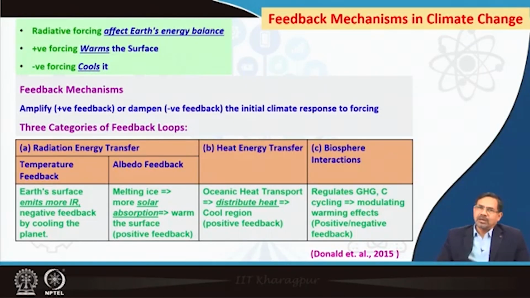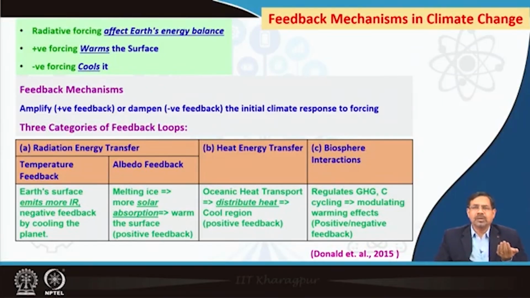It regulates the greenhouse gases, carbon cycling and many other processes. That is how it modulates the warming effects. That means it has both positive and negative feedback, which we will eventually discuss in our subsequent classes or lectures. Comparatively, in terms of albedo, you have a forest and a non-forest.